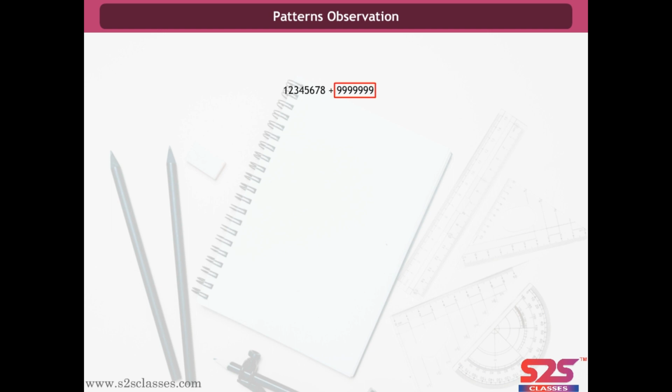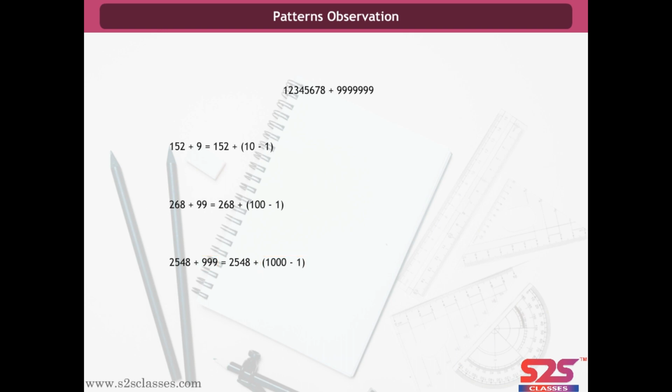Observe 99,99,999. Now observe these patterns. Here we have written 9 as 10 minus 1, 99 as 100 minus 1, and 999 as 1000 minus 1.